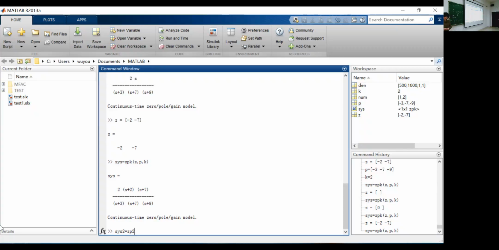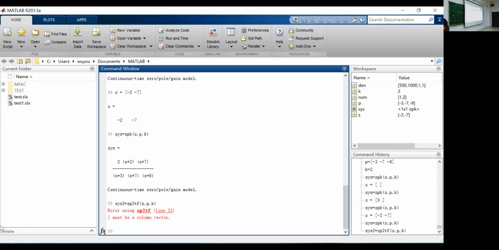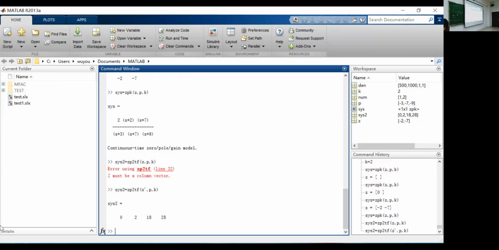So let's see. Actually, why didn't you add K to this ZP? The code says just ZP, no K here, but here shows the K. Oh, let's see. Sorry, Z must be named and we need to do ZP2TF.